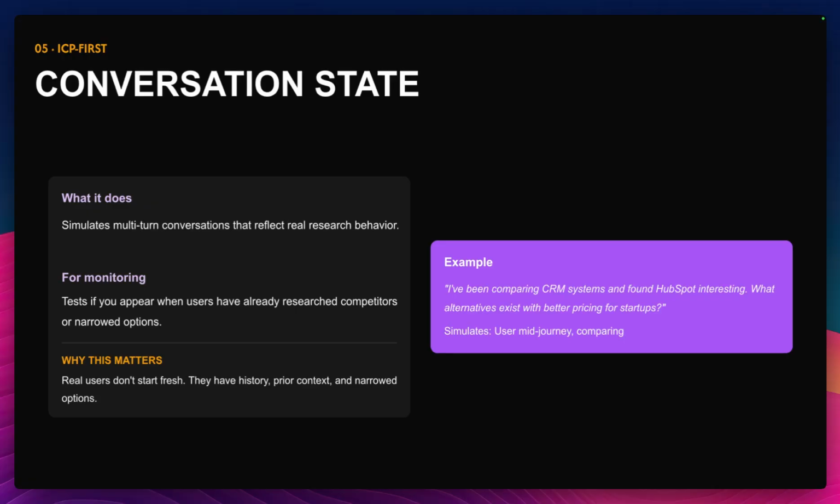Then the conversation state. If you assume that most users don't use the systems for the first time, but have a history of using it, they probably have in a previous chat already compared your solution against others, and then want to know from the system what alternatives there are and why they should be considered.